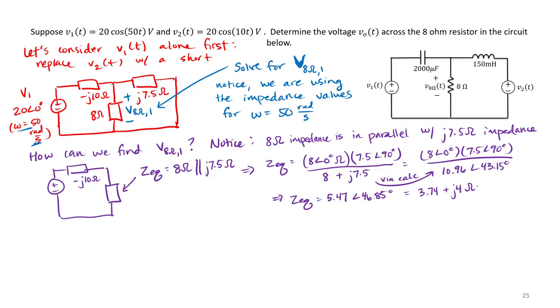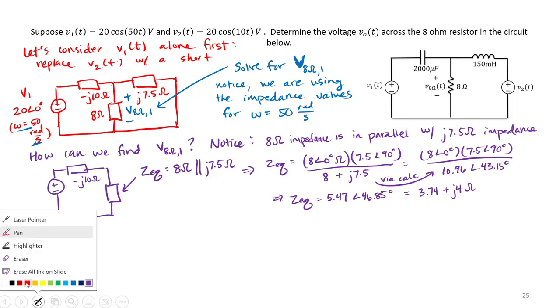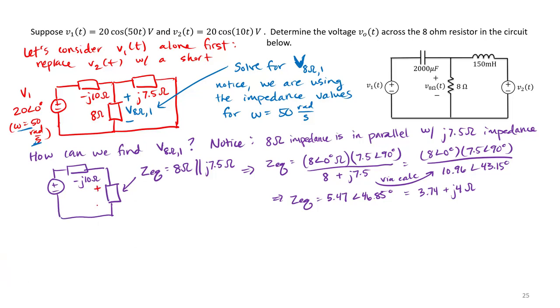I highly recommend that you try going back through this calculation yourself and make sure you can get the same result that I did. Alright, so now remember our goal is to find the voltage across that 8 ohm resistor, which happens to be the voltage across our impedance.